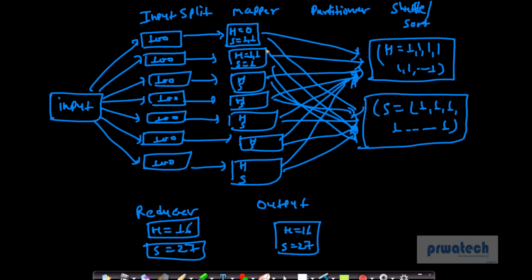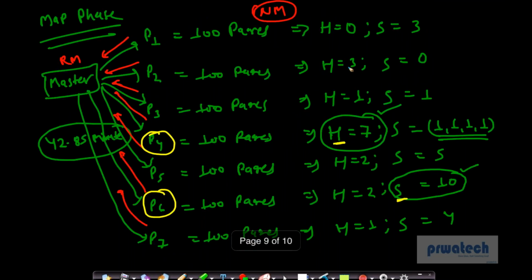Now, if I'm having 1 comma 1 like this, I have 3 times Hadoop here, 1 time Hadoop here, 7 times Hadoop here, similarly 2 times, 2 times, and 1 time.